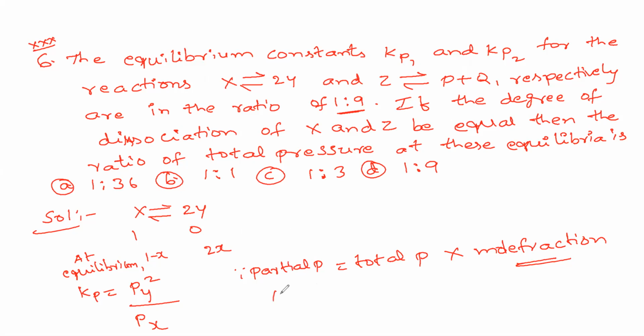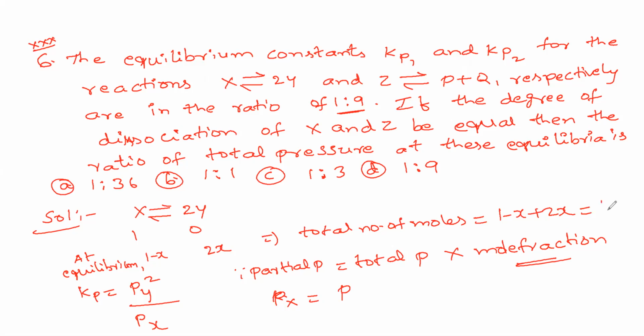So Kp for this reaction, first the partial pressure of X we will take. Px is equal to the total pressure P into the mole fraction. The total number of moles is 1 minus x plus 2x, because you have to add all these things.